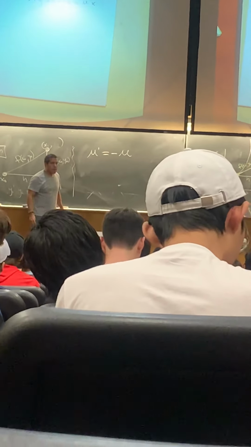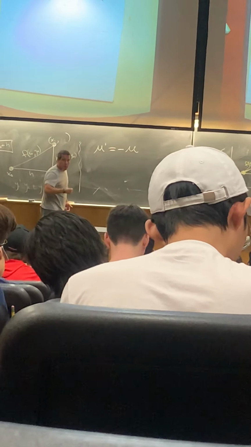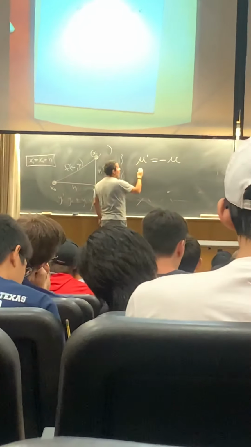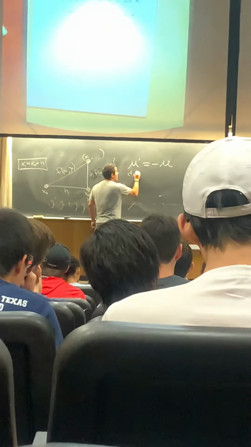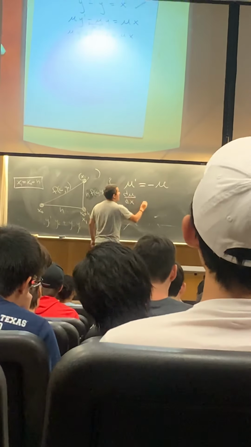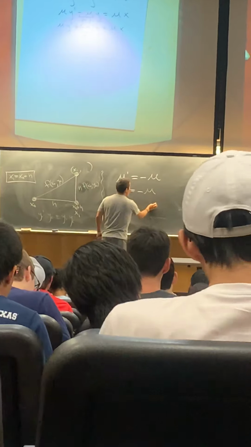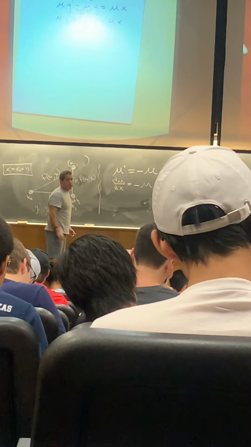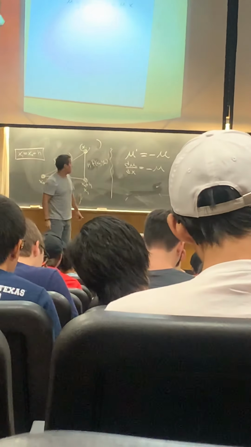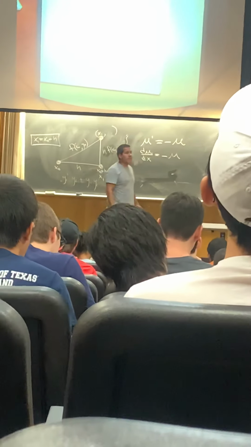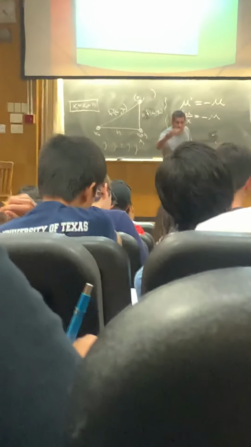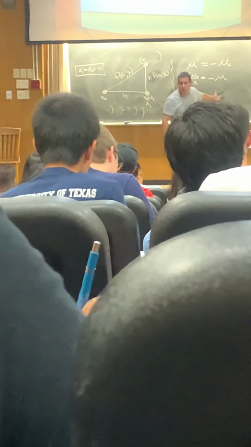And then of course, that's part of the problem also. Mu prime is d mu dx equals minus mu. I'm trying to come up with what mu is. And then we know that we have a silly separation of variables within the problem. A silly separation of variables will come out with mu.